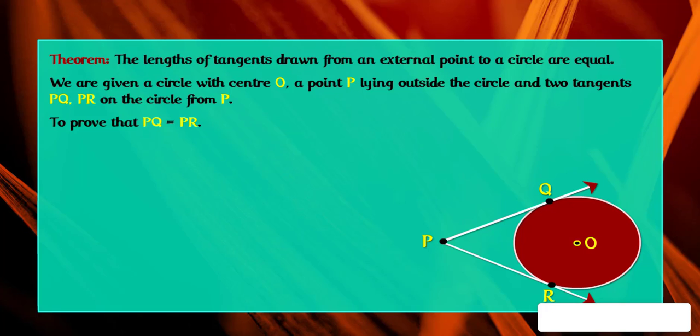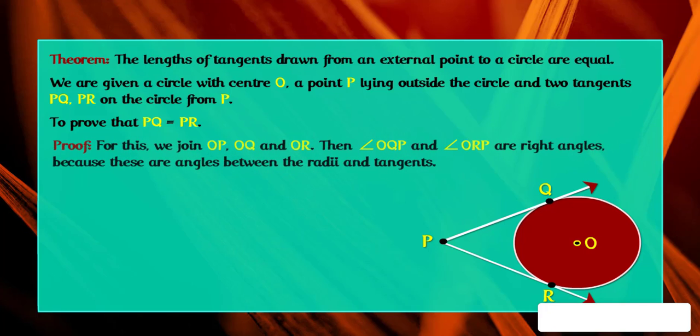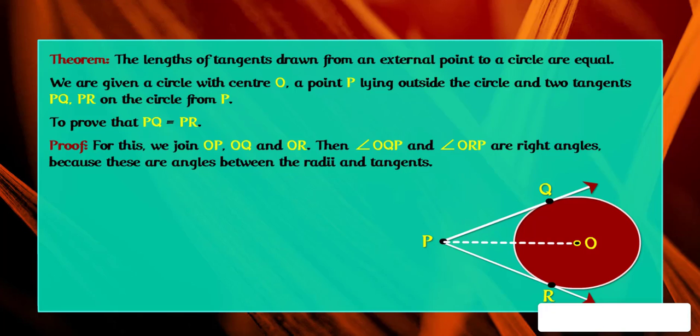Let us start the proof. For this, we join OP, OQ and OR. Then, angle OQP and angle ORP are right angles because these are angles between the radii and tangents.